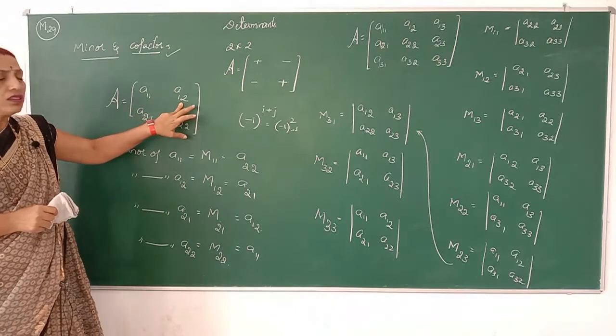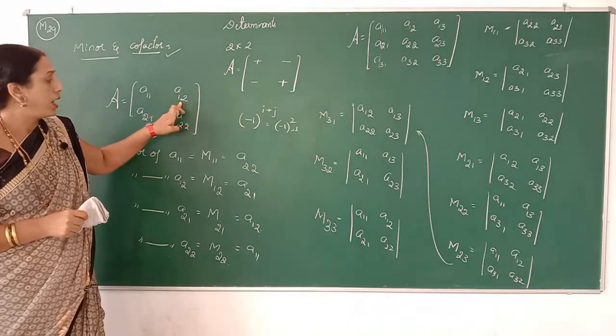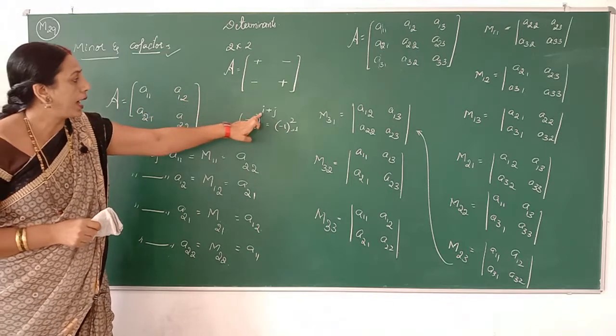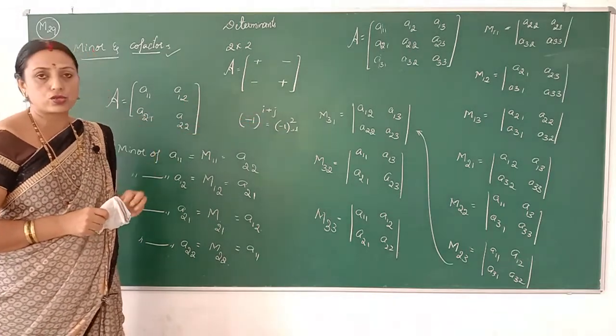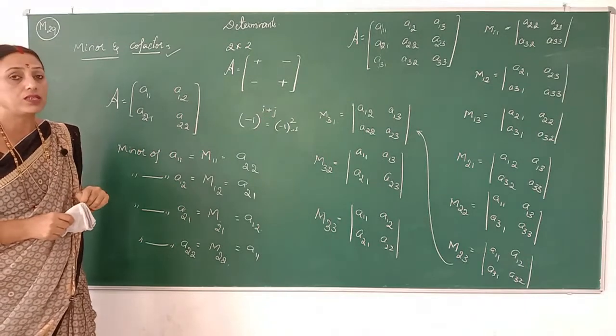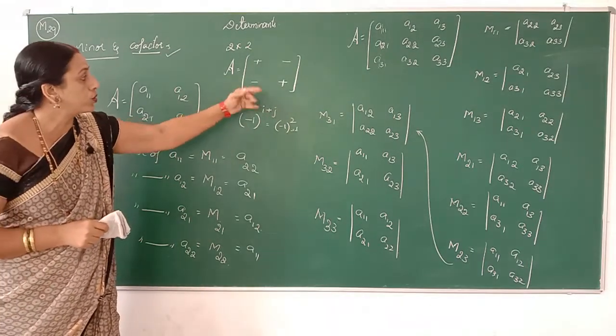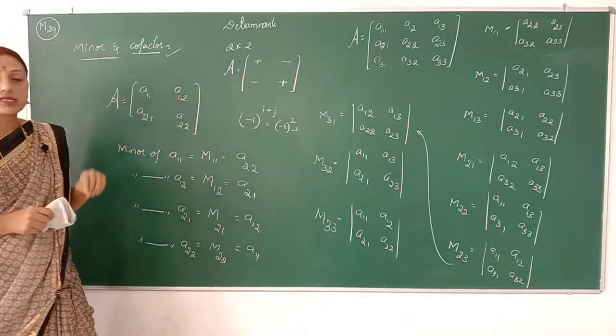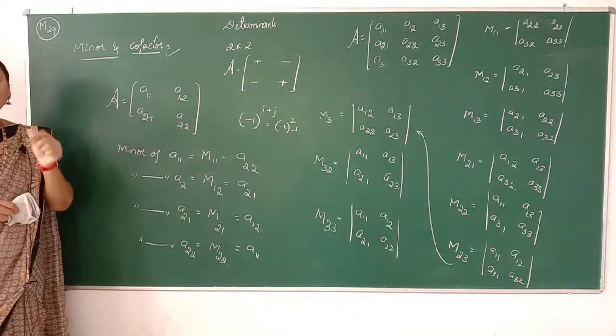Similarly, the next element is A12. Again i is 1 and j is 2, so i plus j is 1 plus 2, which is 3. Minus 1 to the power of 3 is minus, which is the sign of the second element of the 2 cross 2 determinant.